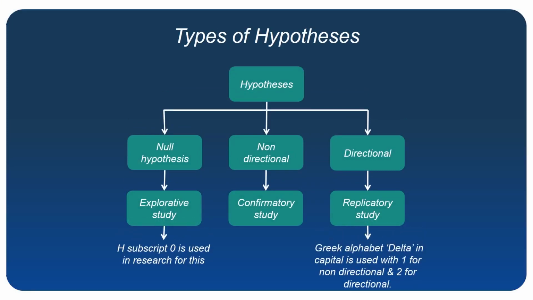We broadly classify them into two categories, namely null versus alternate hypothesis. What do we mean by null? Null means nullification. That means there is no significant difference between any two conditions with regard to any variable. Or if you are going to be variable oriented in your hypothesis testing, the null hypothesis will definitely have the word not.